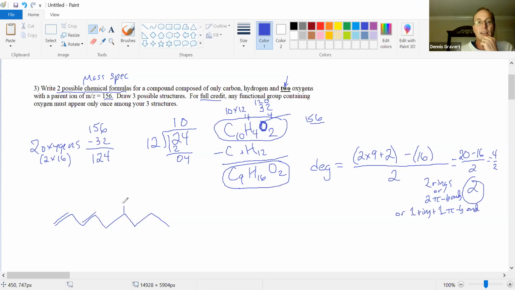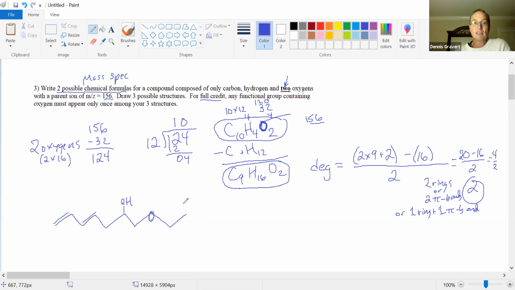So maybe I'll make this the alcohol. And then I can't use the alcohol group again. So maybe what I'll do is, well, if I change this carbon to an oxygen, so I have an ether, and if I just removed a carbon effectively, right? So let's put the carbon at the end of the chain, maybe. 1, 2, 3, 4, 5, 6, 7, 8, 9 carbons.